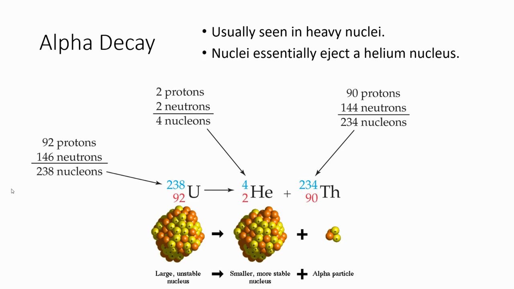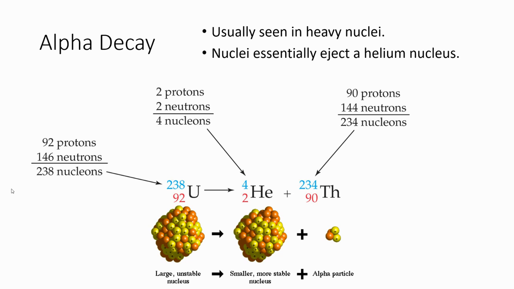All right, the first type of radioactive decay that we're going to talk about is alpha decay. Alpha decay is usually seen in elements that are closer to the bottom of the periodic table. These elements are generally very heavy.